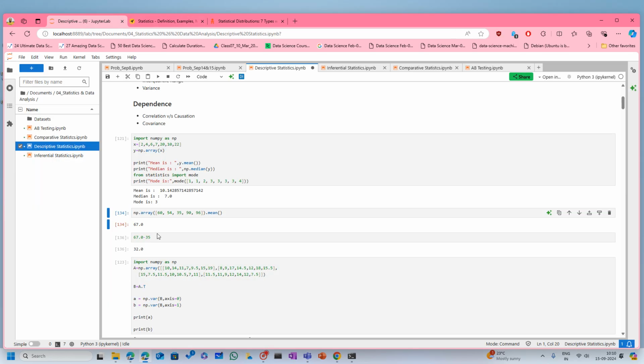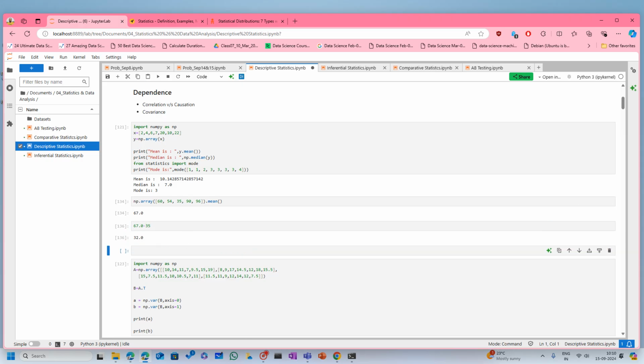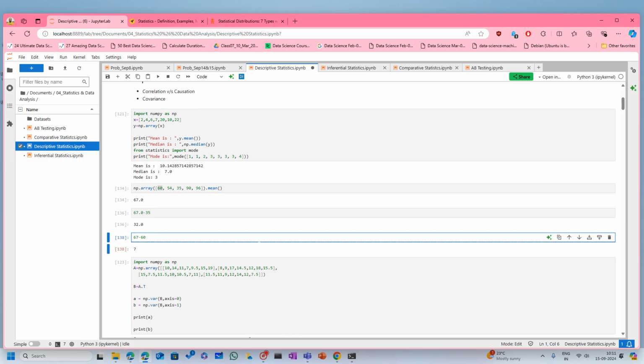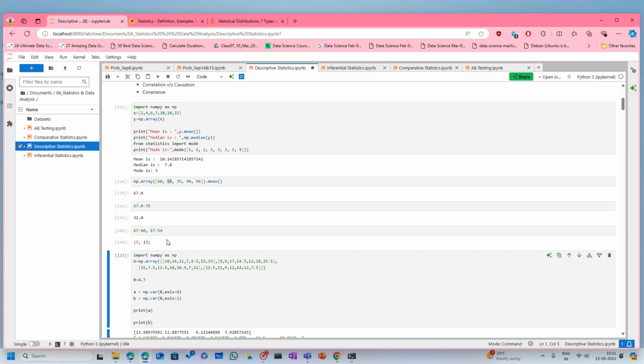For example, if you calculate 60 minus 35, sorry, average is 67. 67 minus 60, the first person scored 60, so he is 7 points away. And likewise 67 minus 54 will give you 13.